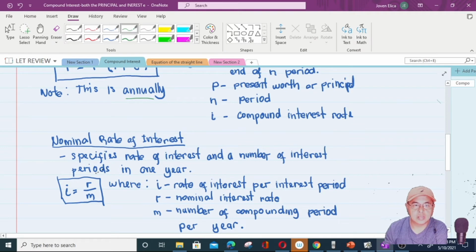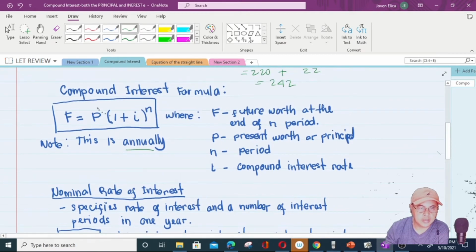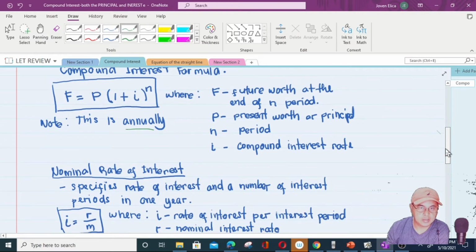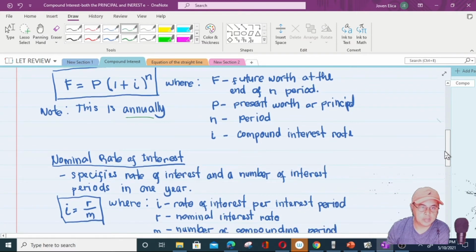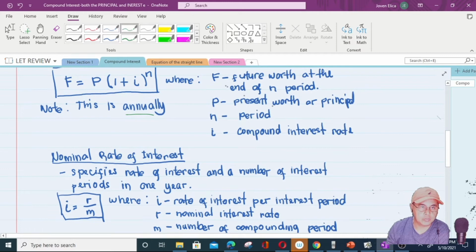And that nominal rate of interest will be expressed in terms of I is equals to R over M. So I here, which is compound interest rate, will change, because this I here is only for annually, but if there is a payment of nominal rate of interest, I will become R over M, where M is the number of compounding periods.